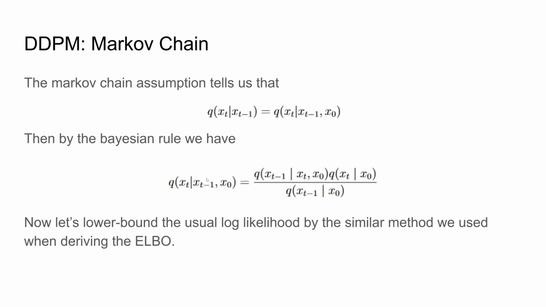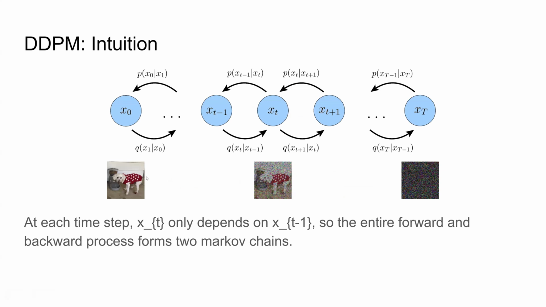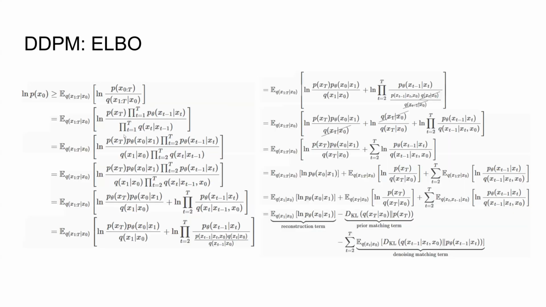Given these properties, let's derive the variational lower bound for this more complicated structure. So this step is where you're going to use Jensen's inequality, right? You write the probability into the form of having a joint distribution.